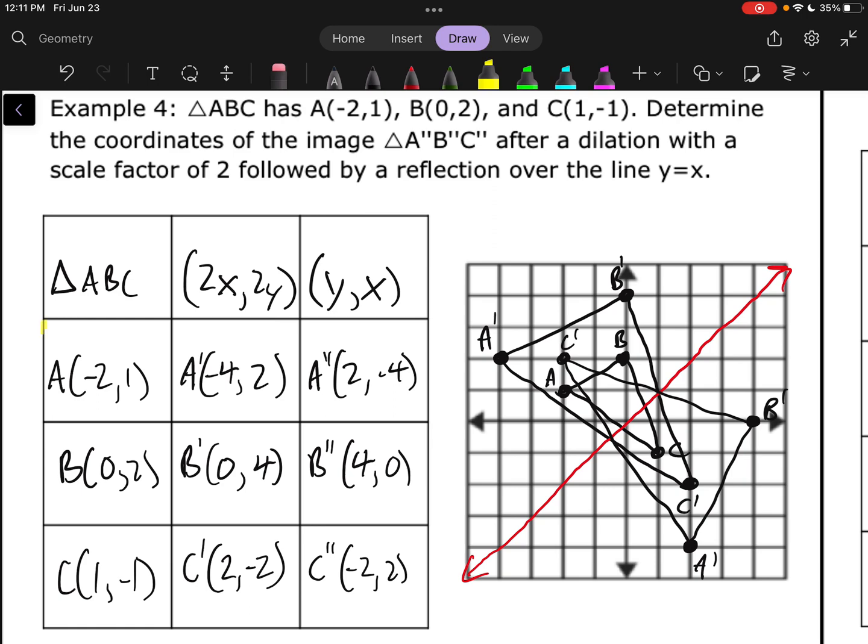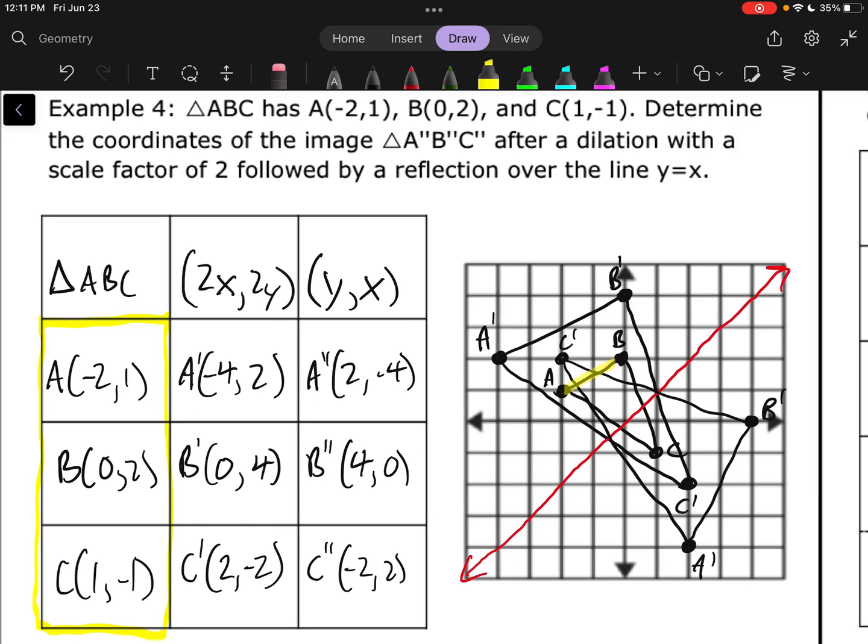Let's do just a little color coordinating just to make it pop a little bit more. We started off with this pre-image here, and then we blew it up, we dilated it, we enlarged it with a scale factor of 2 to create this one, to create that image. That looks good.